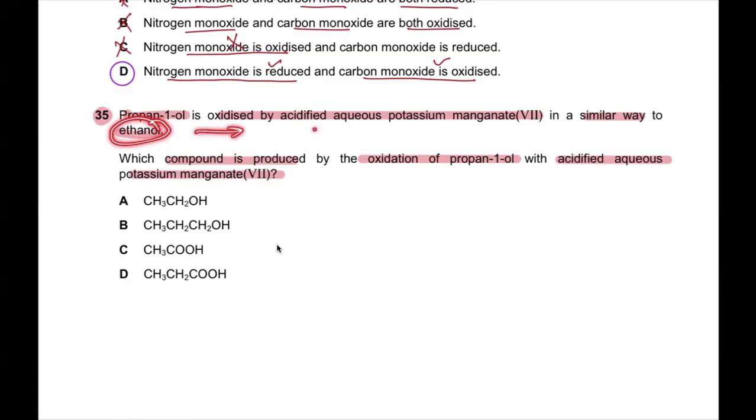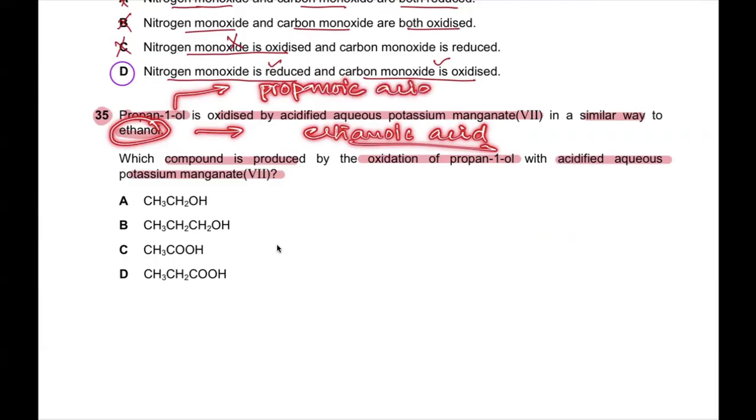When an alcohol is oxidized, it is oxidized to a carboxylic acid and forms ethanoic acid. So propan-1-ol is going to be oxidized to give propanoic acid, and prop refers to 3 carbons.